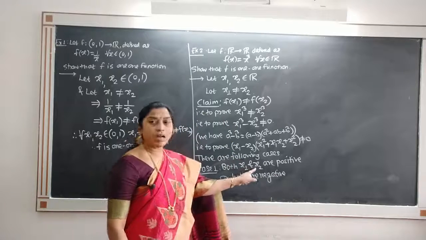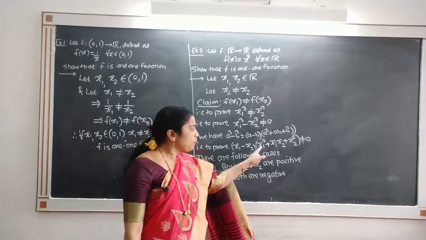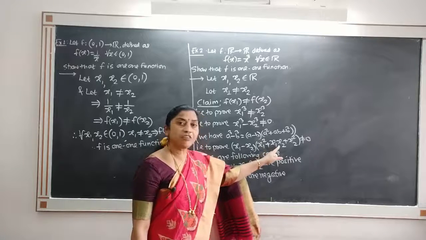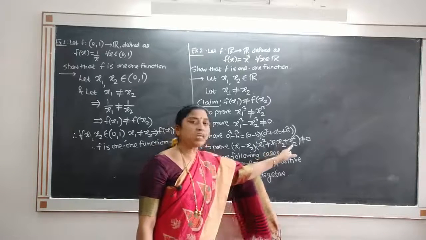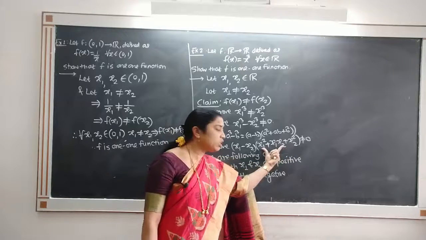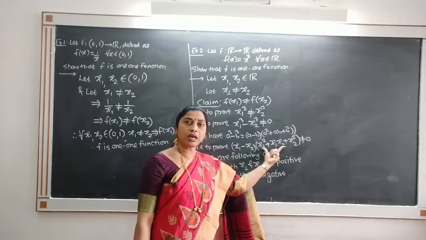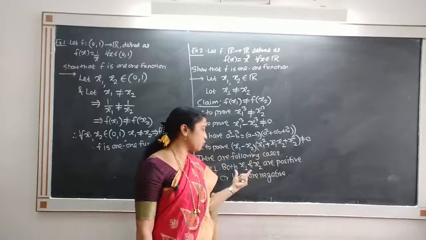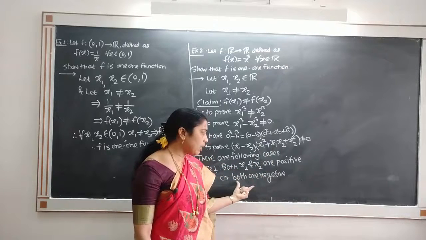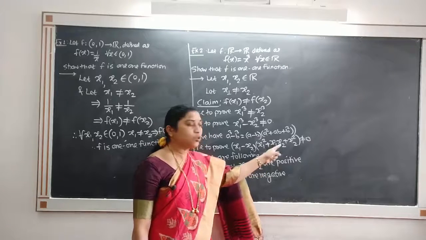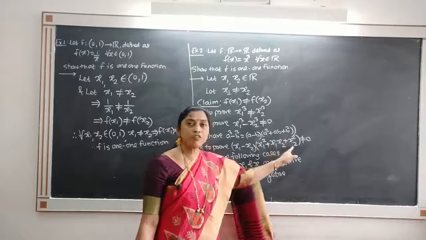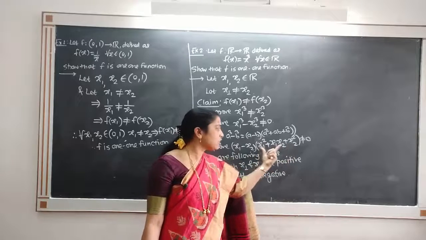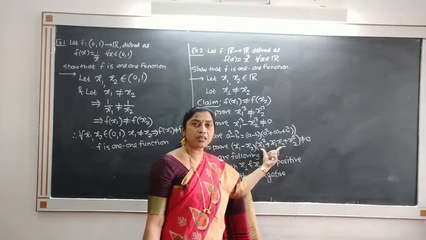If both are positive, obviously the product of positives is positive, so x1 into x2 is positive and the square is always positive. So this whole term is surely greater than 0 if both are positive. Similarly, if both are negative, negative into negative becomes positive, that is x1 into x2 is positive, and the square is always positive. So in that case also this term becomes greater than 0.